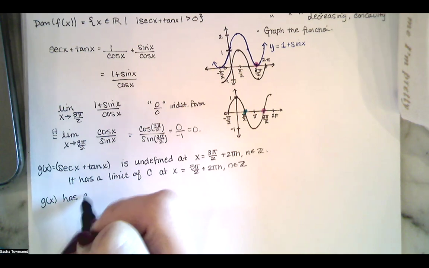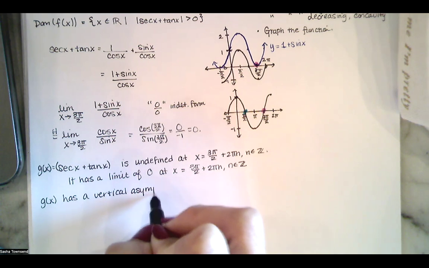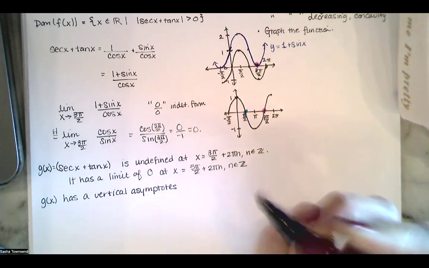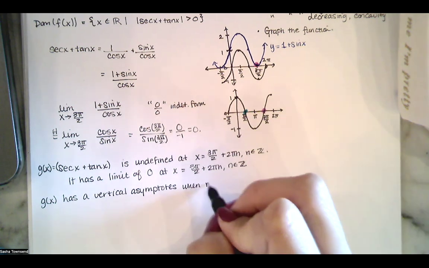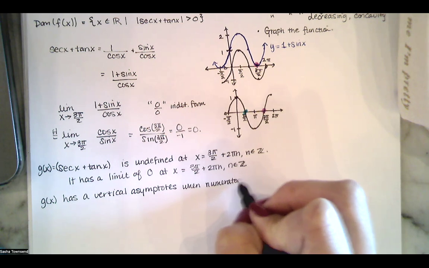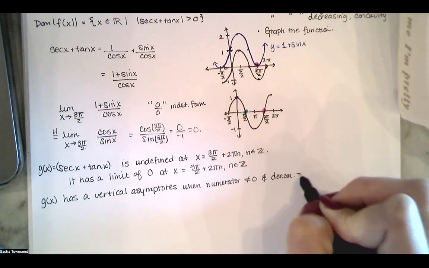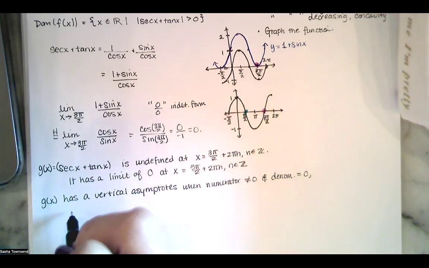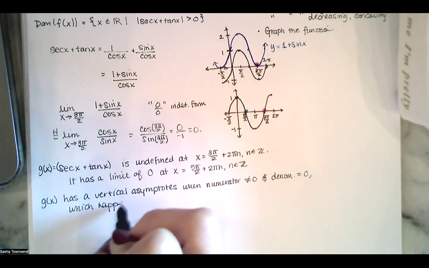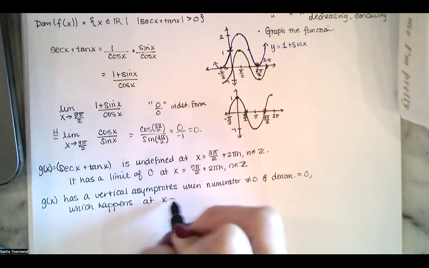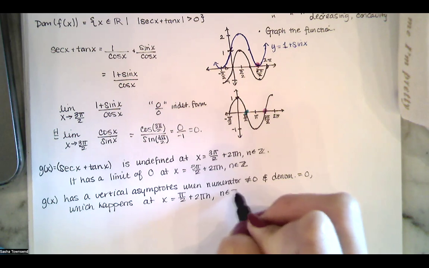So we'll have vertical asymptotes when the numerator is non-zero and the denominator is 0, which happens at x equals pi over 2 plus 2 pi n.